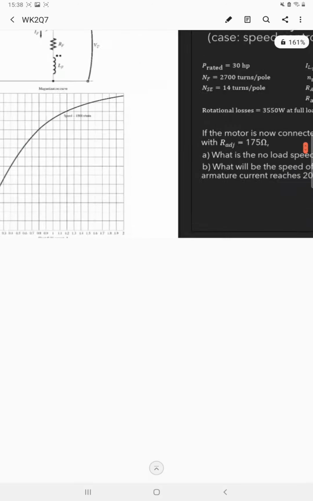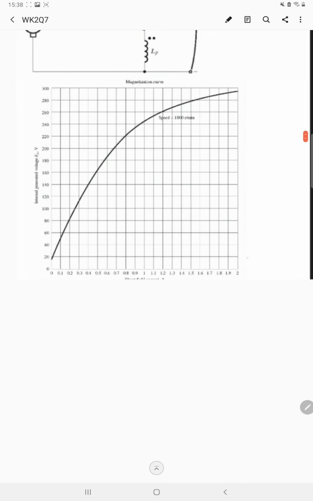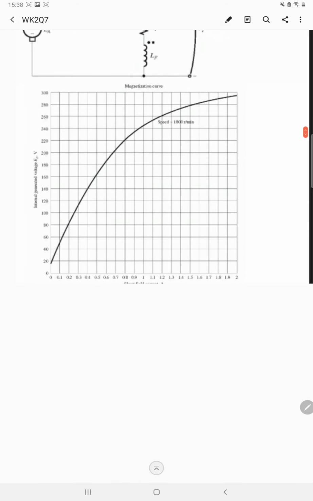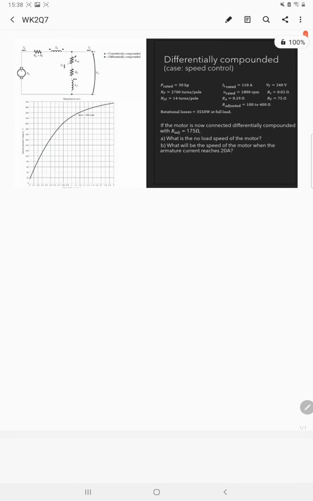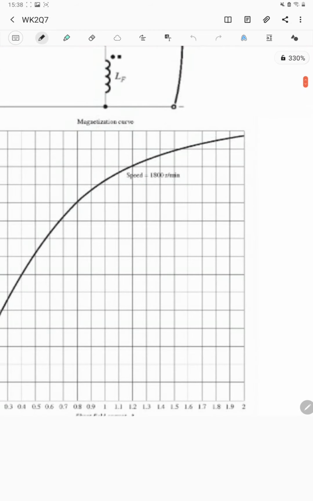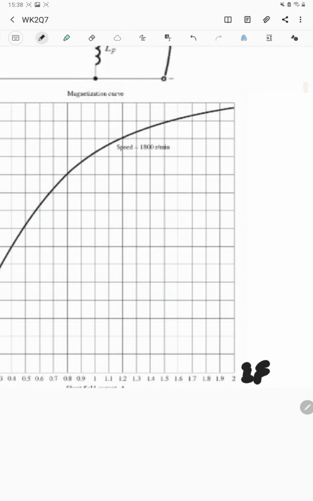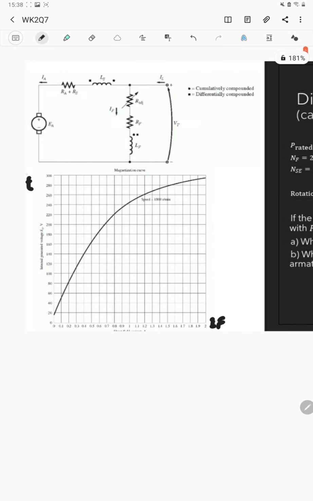Still, we are given this magnetization curve, which plots the shunt field current IF against EA, EA versus IF.